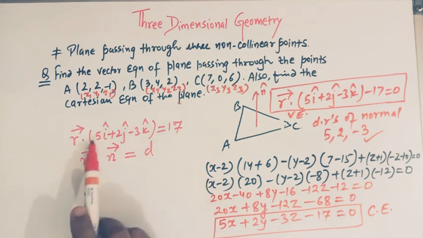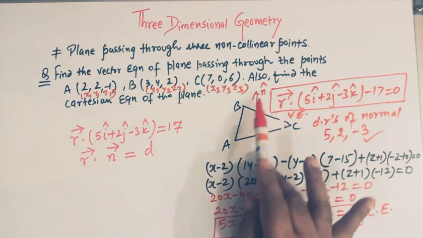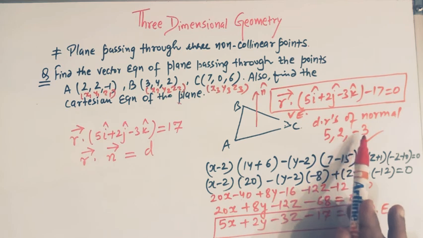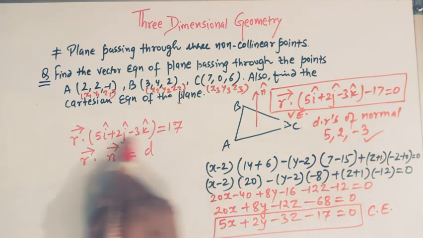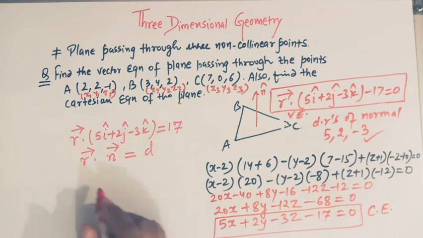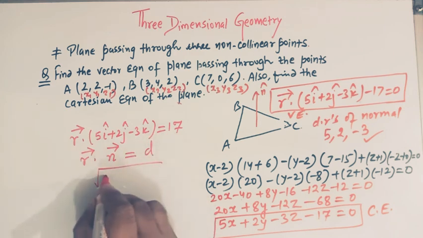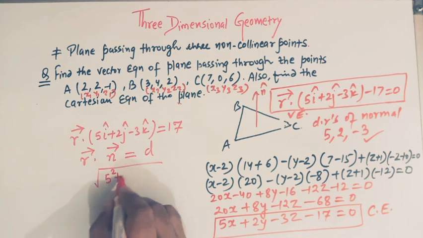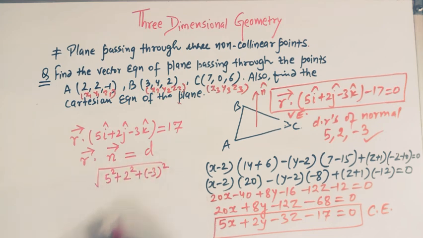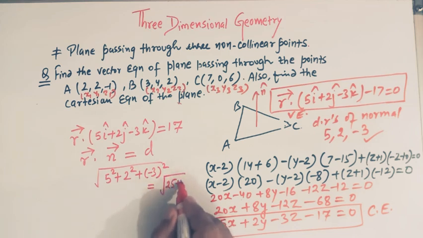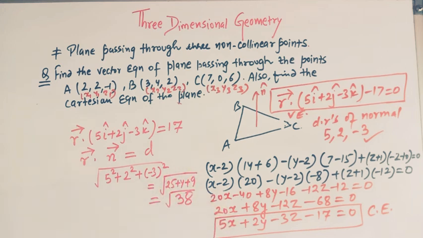Now the direction ratios of the normal vector are 5, 2 and minus 3, and if we divide this equation by this factor, that is the square root of 5 square plus 2 square plus minus 3 square, we get 25 plus 4 plus 9, and this is square root of 38, right?